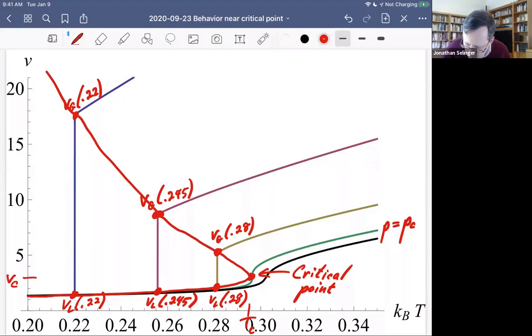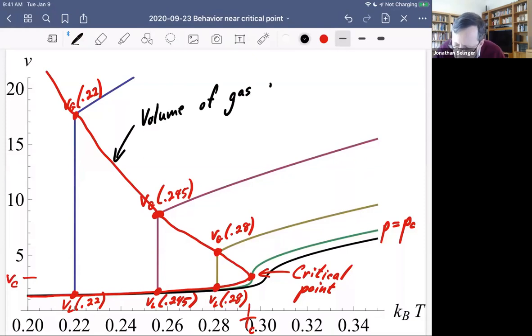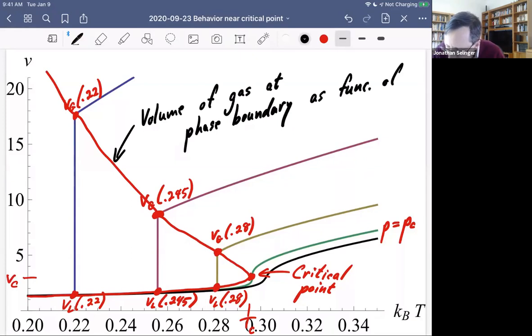So this we could label as the volume of gas at the phase boundary as a function of temperature.